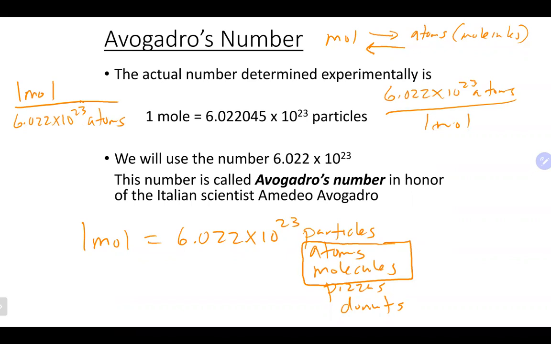Now, people want to use this number in every calculation because they're like, hey, I learned that number, let me lay it down in everything I do. And you don't want to do that. You only want to use Avogadro's number in 2 situations. Either you have a number already given to you that's in atoms, molecules, something like that, which means you probably need to convert it to moles.